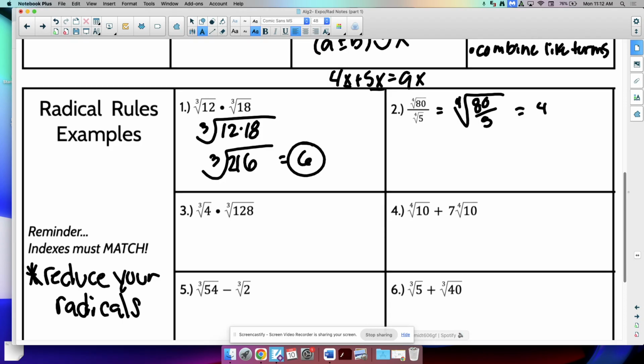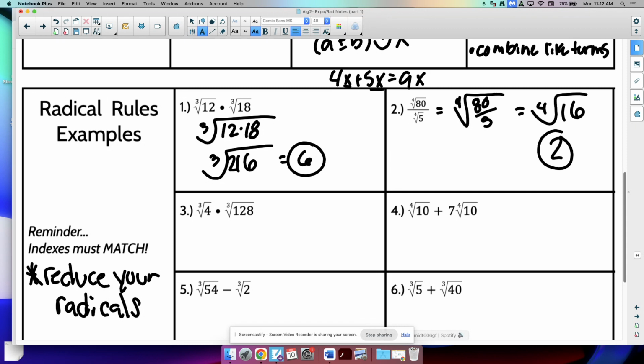So we still haven't taken the radical yet, but we've reduced that fraction. And now, what's the fourth root of 16? 2. So it takes it from a problem where you can't take the fourth root of 5. The fourth root of 80 is kind of weird, you have to break it down. But if you have a fraction with a radical on top and bottom, you can just reduce your fraction first and then take the radical of it. So do you see how we just rewrote it the other way and then it's a lot simpler?